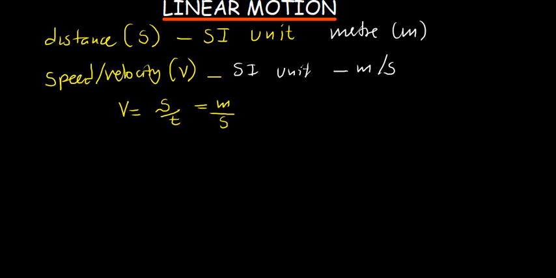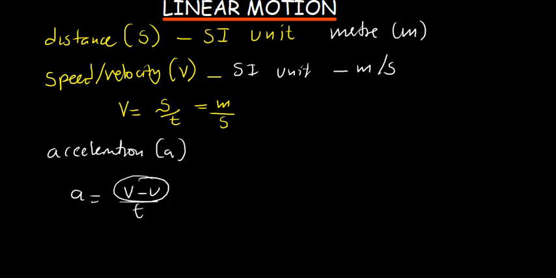And then when you're talking about acceleration, the symbol for acceleration is A. Remember, acceleration is given by final velocity minus initial velocity over time. So when you subtract final velocity minus initial velocity, you still find velocity. Now, the unit for velocity is meters per second.